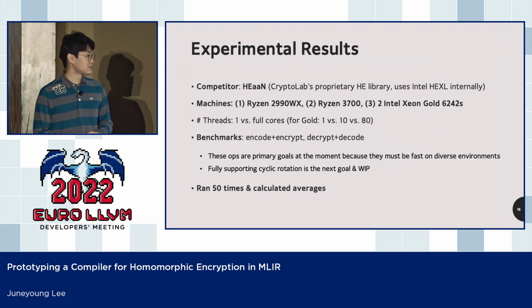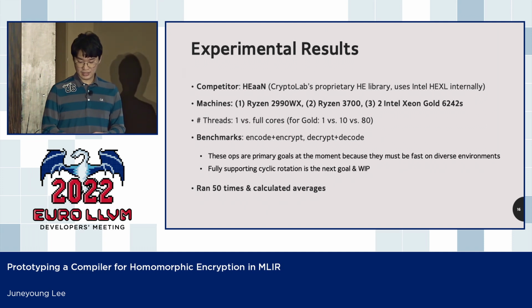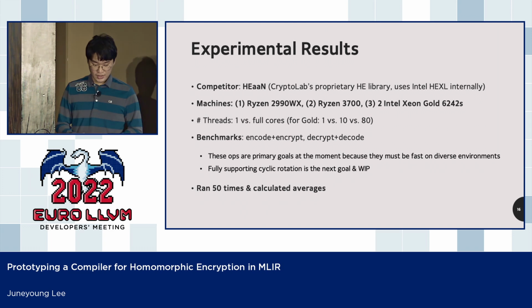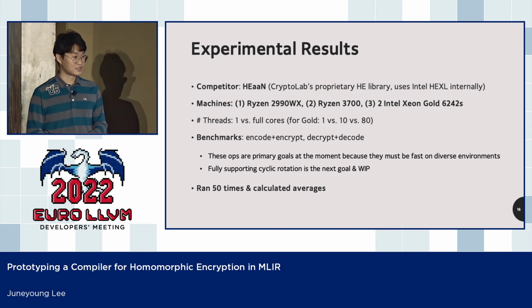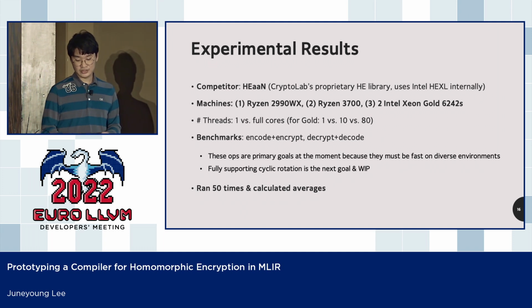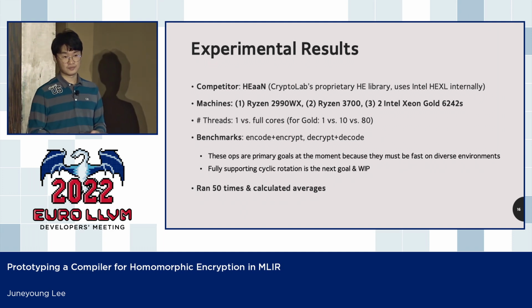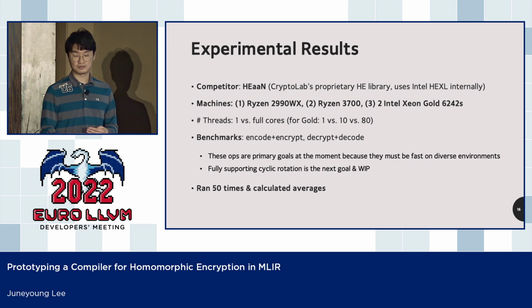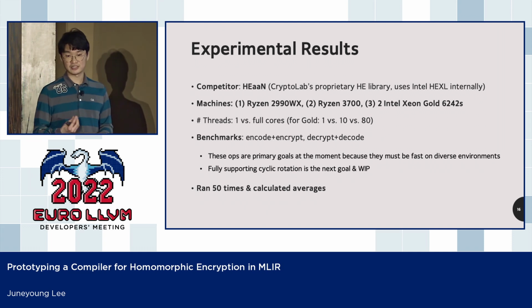So far, I've described the HEaaN.MLIR compiler, and I'm going to briefly introduce the experimental results. The competitor is HEaaN, the library that I introduced just before. It internally uses Intel HEXL to boost the performance of homomorphic encryption operations, especially for AVX512.